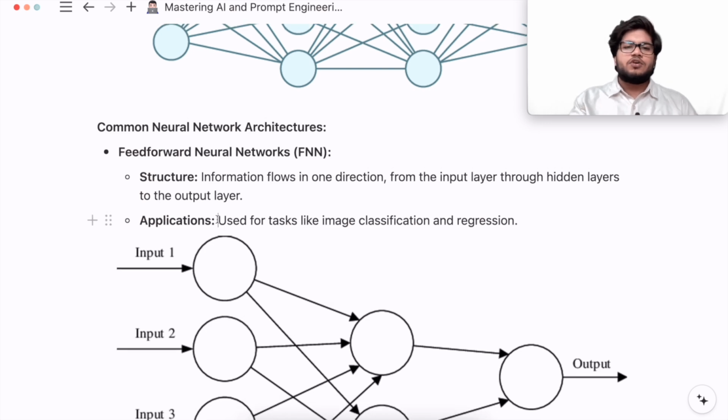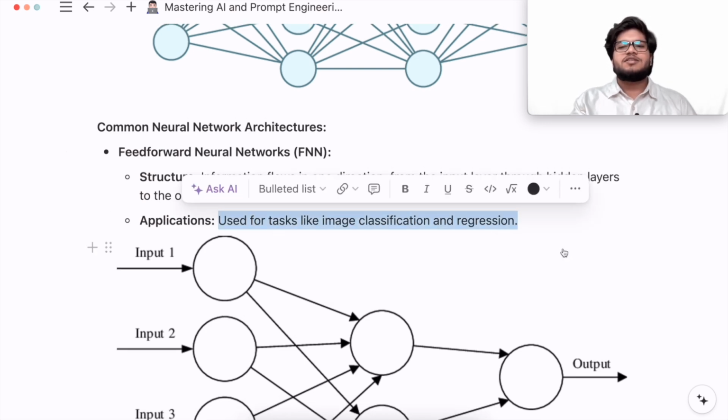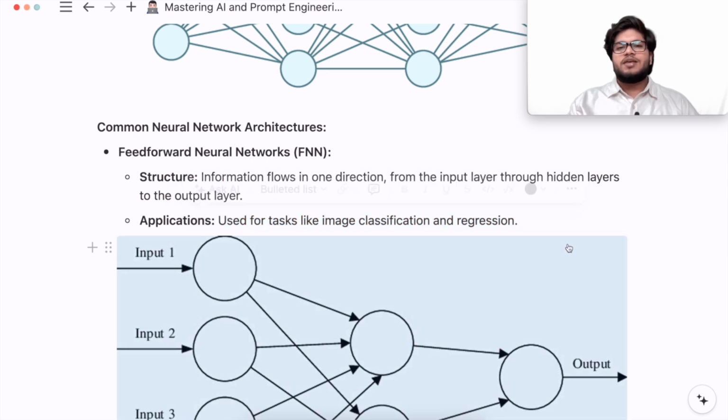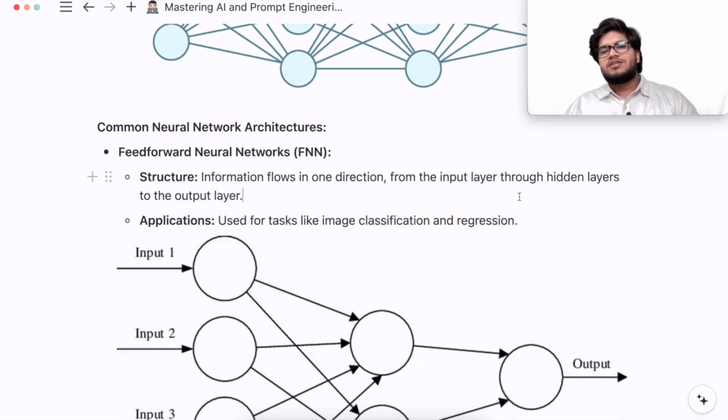Now the application for this is tasks like image classification and regression. So for making AI tools which require image classification and regression, we can use feed-forward neural networks. There are different kinds of AI tools and different AI software, so a different neural network architecture is followed in a particular AI, whether it is for a photograph, a videograph, text, or text to speech. So voice, photo, video, text, a lot of things combined.